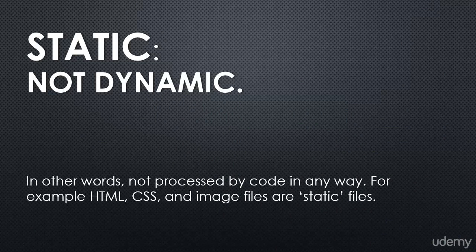In other words, files that aren't processed or generated by code in any way. For example, HTML, just regular old HTML, or CSS, or image files that are just uploaded to the server and are just sitting there. They're static files. But we still need to deliver them when they're requested via an HTTP request. Remember, the request doesn't somehow connect to the file. We're just getting the request, and the server has to decide what to do with it.